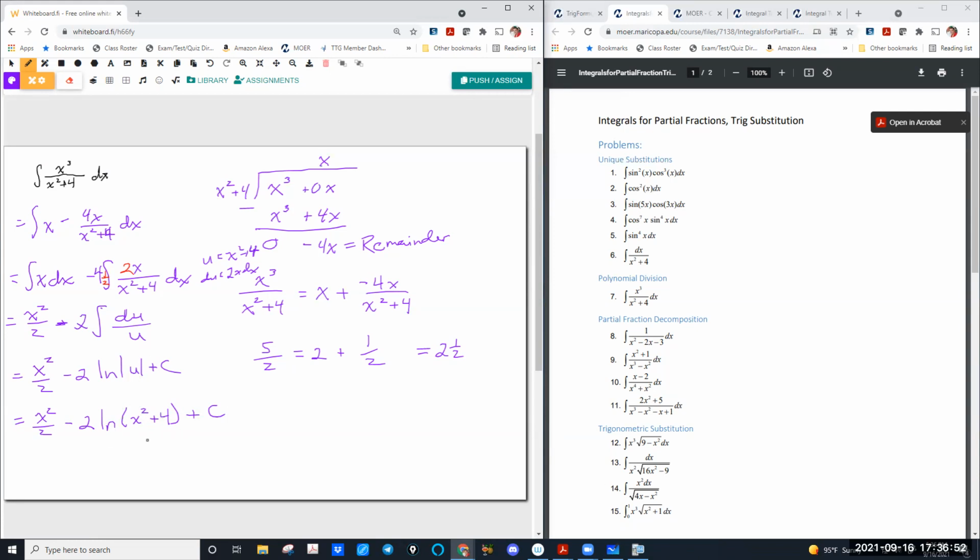And there's our antiderivative. So what I want you to take from this one: when your numerator has a higher power than the denominator, you start with polynomial division. You use the remainder theorem, which is this here. That allows you to rewrite your integrand.